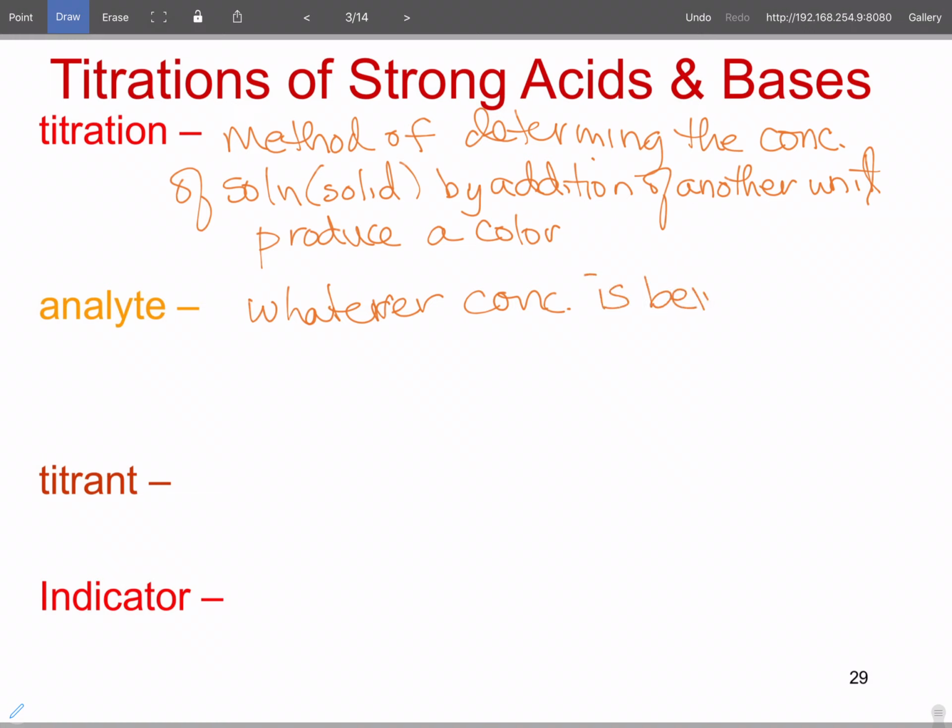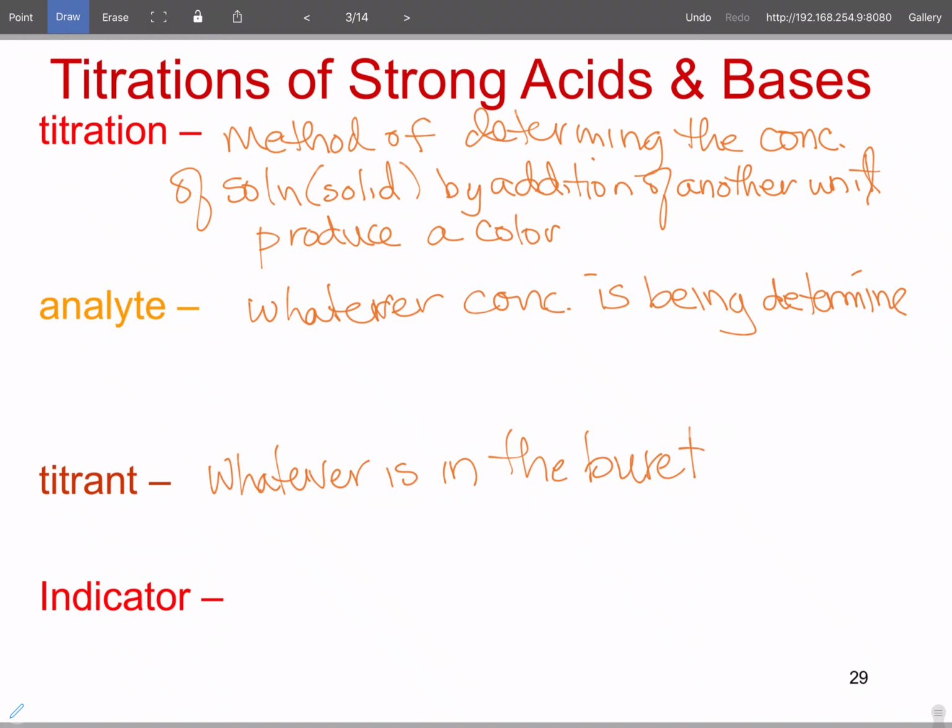Most of the time, it's whatever's in the Erlenmeyer flask that you added. If you start with a solid, you usually add water into the flask and get it dissolved. The titrant is whatever is in the burette.